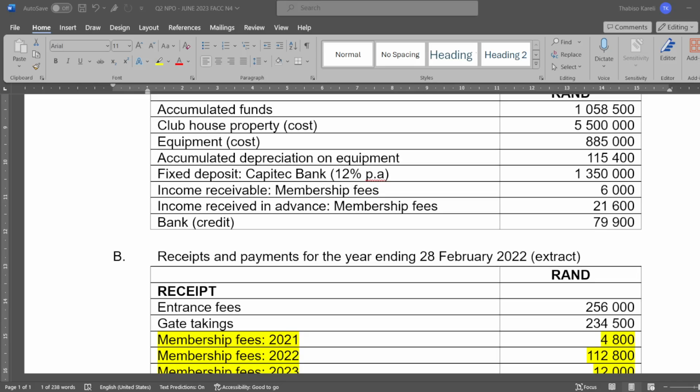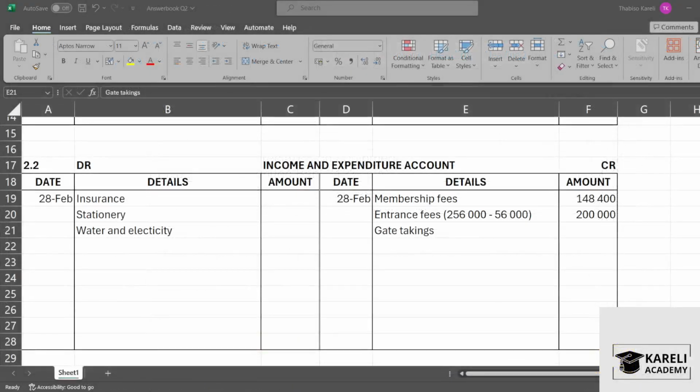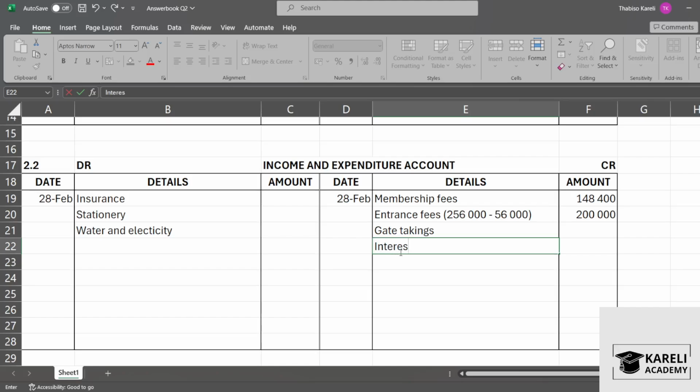So we must go to our answer sheet now. And when you check, we did not have an opening balance for interest on fixed deposit. Therefore, it's a new entry, meaning everything there is outstanding, everything on our interest on fixed deposit. Now, what do we do to fixed deposit?